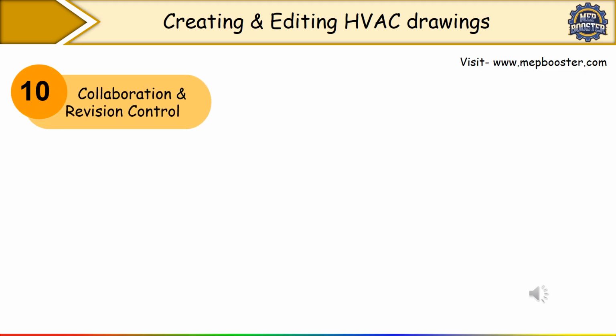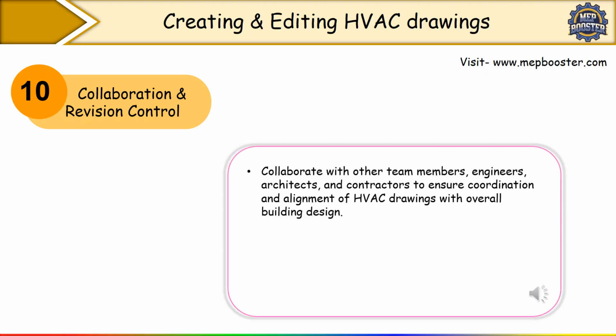Now the next is collaboration and revision cloud. Collaborate with other team members, engineers, architects, and contractors to ensure coordination and alignment of the HVAC drawing with the overall building design.